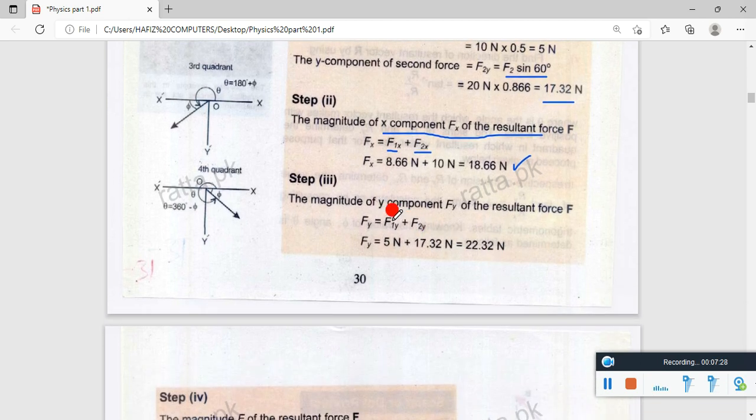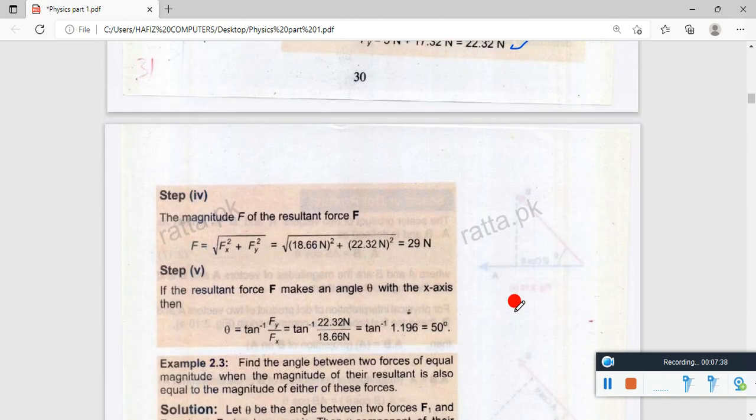Step 3 is the magnitude of the y component Fy, adding both values of the y components of the forces, which gives 22.32. Step 4 is the magnitude of the resultant force. We combine these two magnitudes and we get a resultant force of 29 Newton.